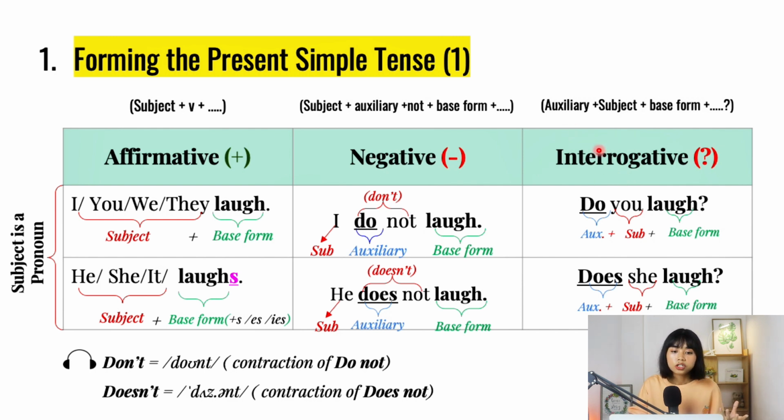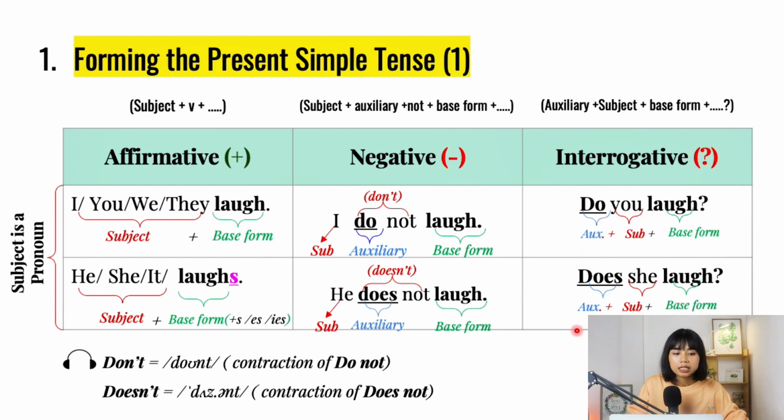In the question, we place the auxiliary verb do at the beginning of the sentence. So the form is auxiliary verb plus the subject and then the base form. For example, when the subject is I, you, we, or they, we use the auxiliary verb do. Here's an example. Do you laugh?